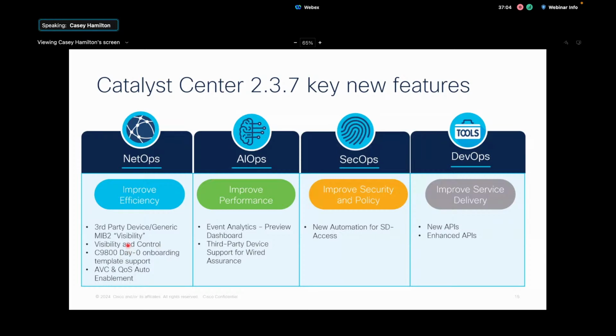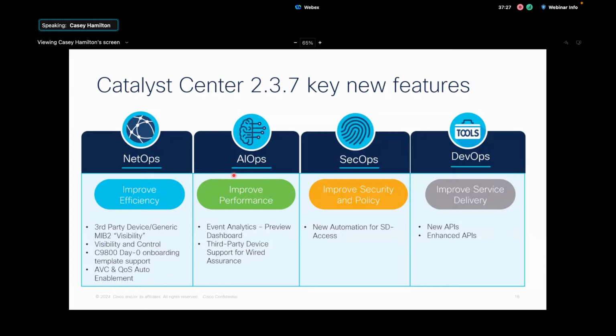So previously it only supported day N templates, but you can now with 2.3.7 use day zero onboarding template support, which is a really nice feature because now you can use PnP to go ahead and deploy your configuration to the 9800 as you need. And then we'll go over the ABC and QoS auto enablement.